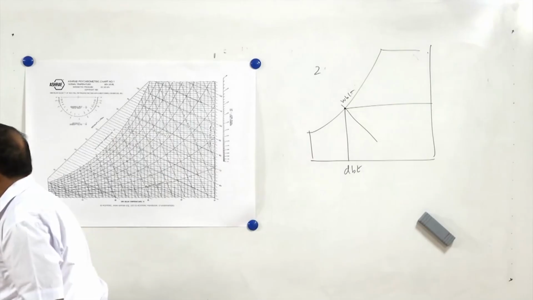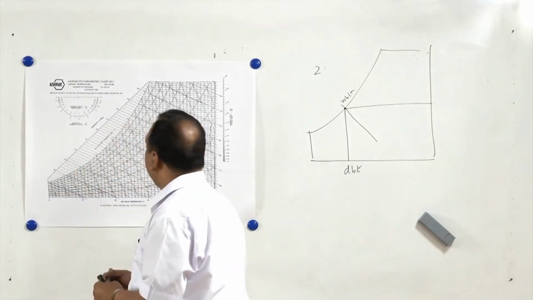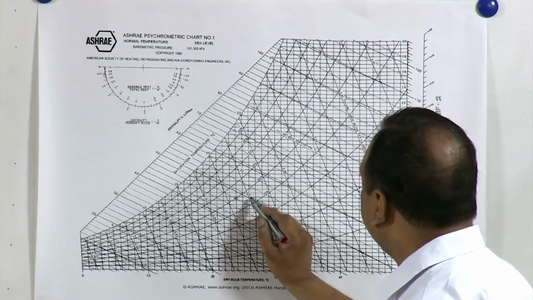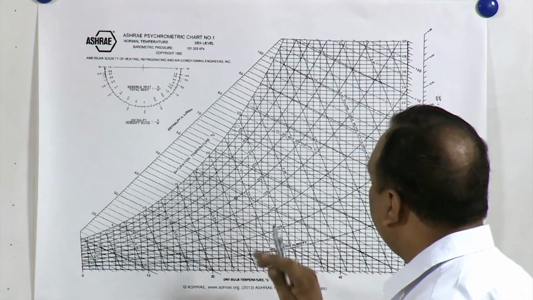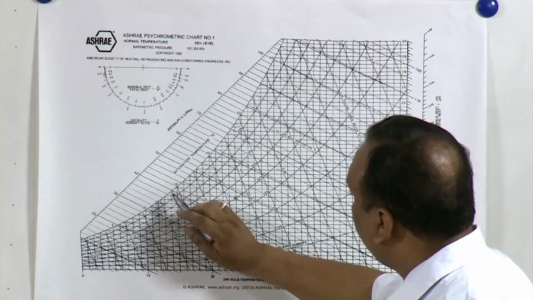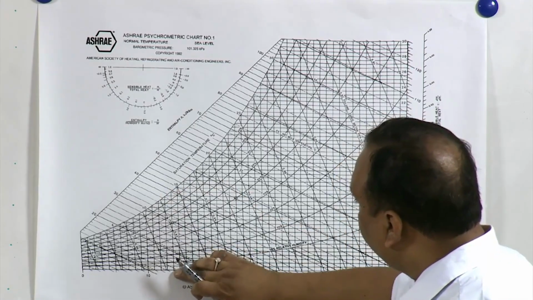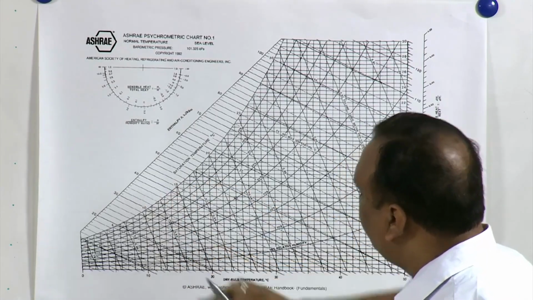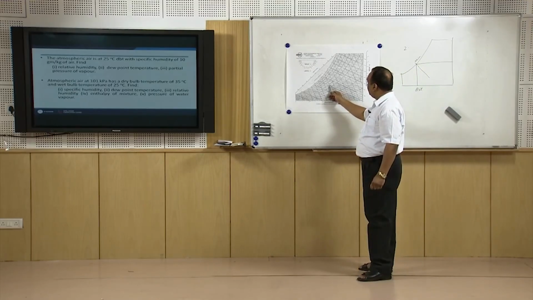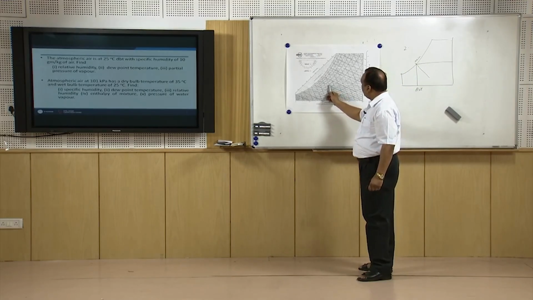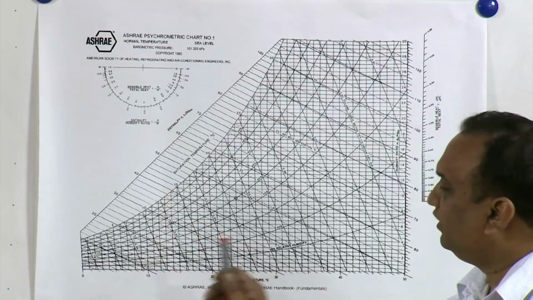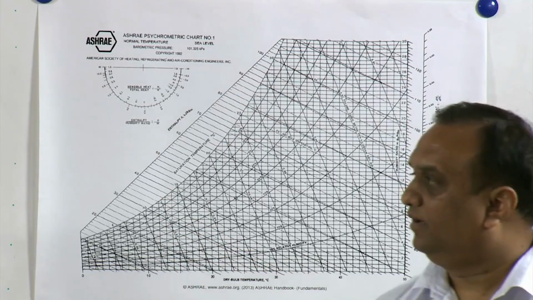So here, if I have located this state of vapor, and I move in a horizontal direction, then I will get a dew point temperature which is approximately 14 degrees centigrade. So from the state of the air, if you follow the horizontal line to where it cuts the saturation line, that is the dew point temperature of air.